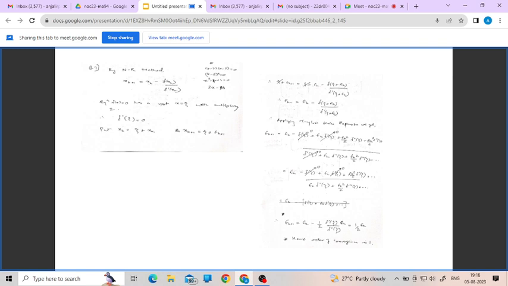Okay, let's check. Okay, so it's correct. Option A is correct. That is 2.2857.